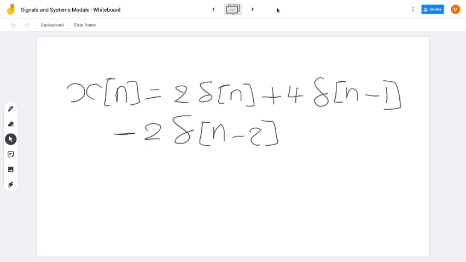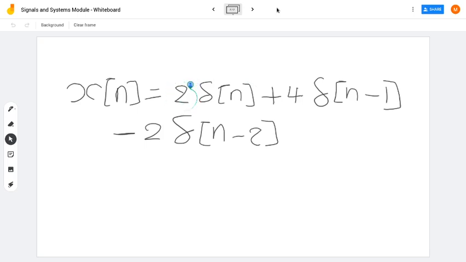So, how can we compute the output in this case? This delta of n, this impulse, would generate an impulse response, h of n, and it will be weighted with this factor 2.